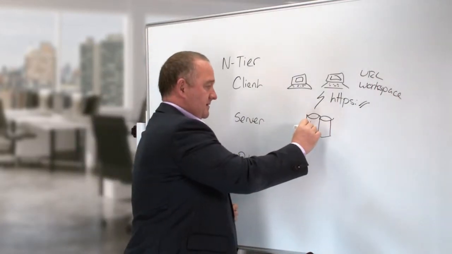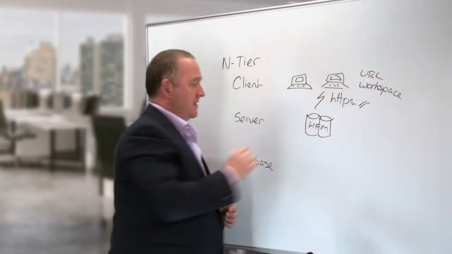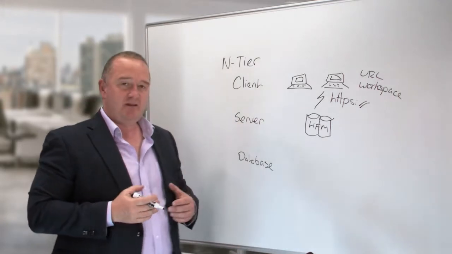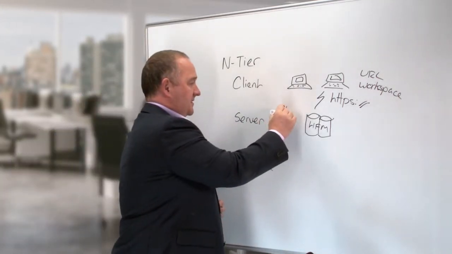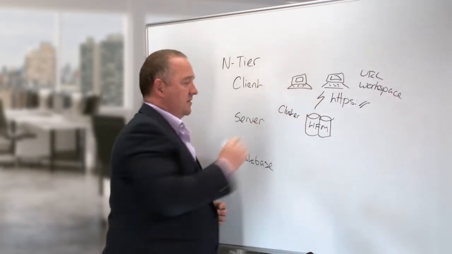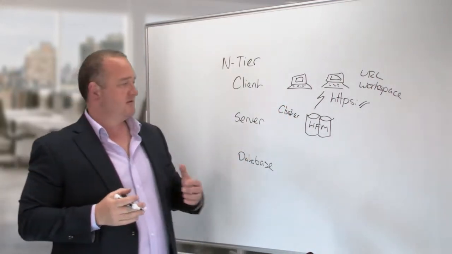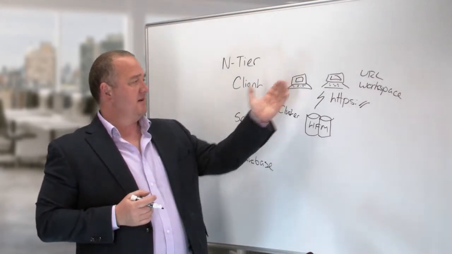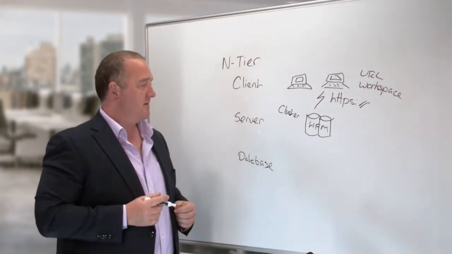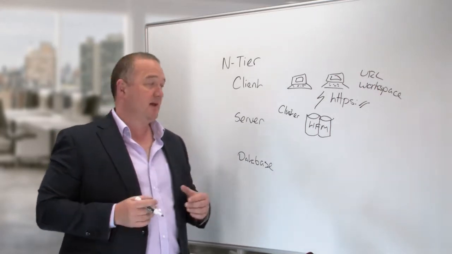So here's HFM. HFM in this example is sitting across a number of servers, and this is commonly referred to as our cluster. So we've got a number of servers grouped into a cluster. As my 50 users log on to HFM, HFM uses load balancing.